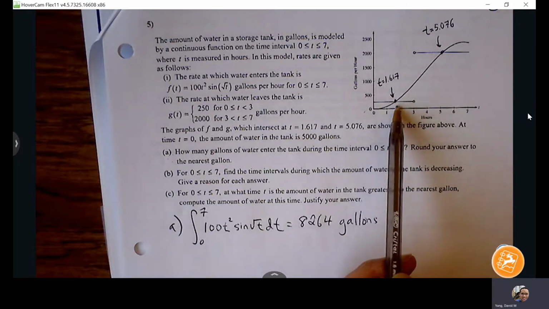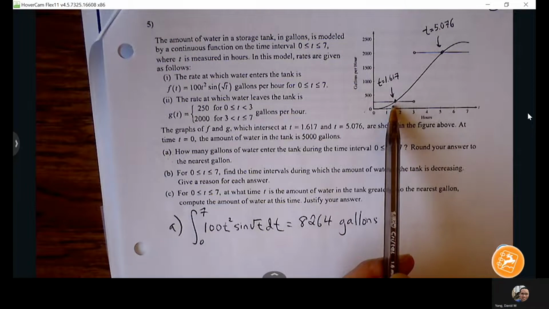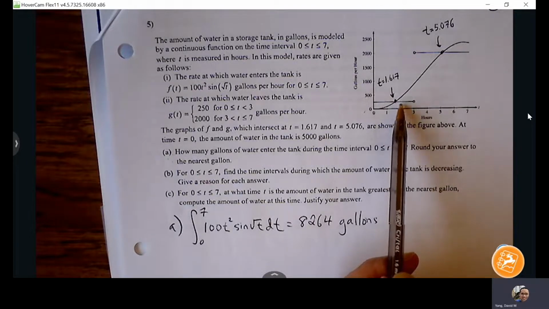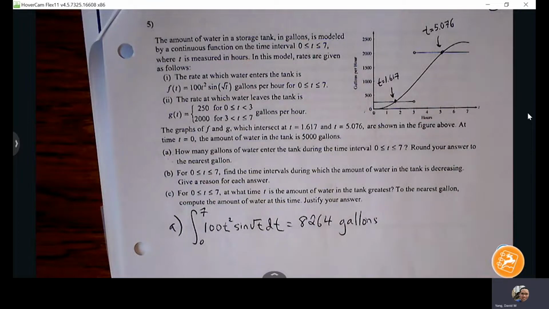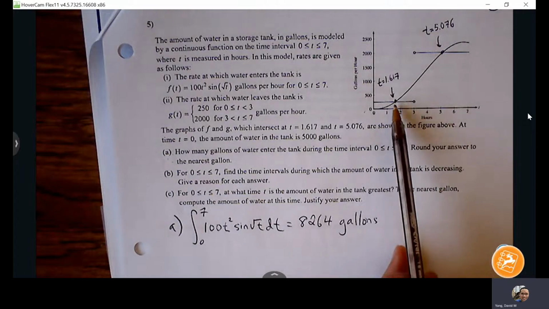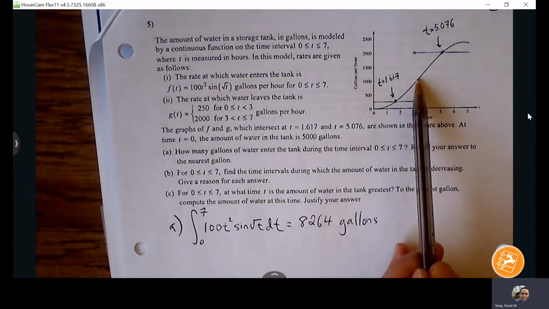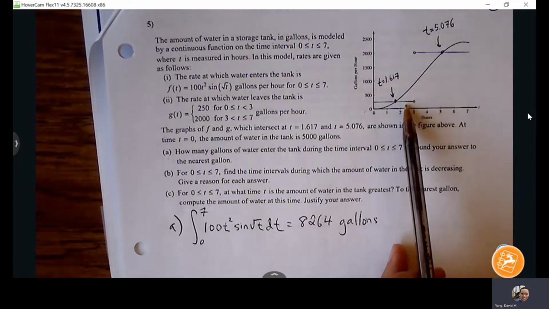Then what's happening at 1.617? It's equal. So if it's equal, that means the water level is going to stay the same, for just a moment. It's falling, but it's going to stay for a moment. And then what's going to happen between 2 and 3? The curve is higher than the line.